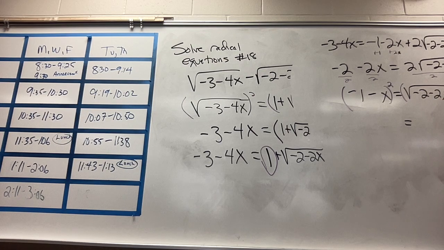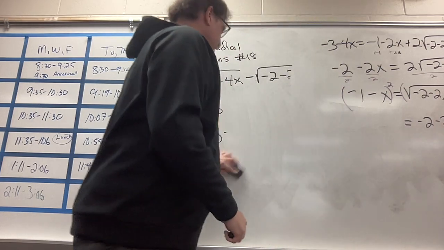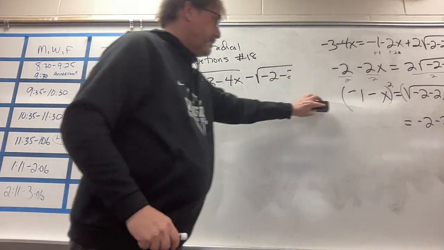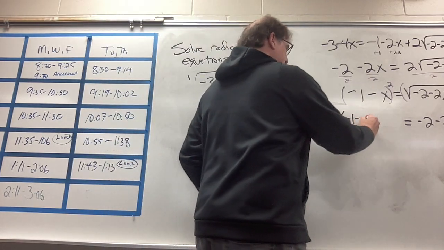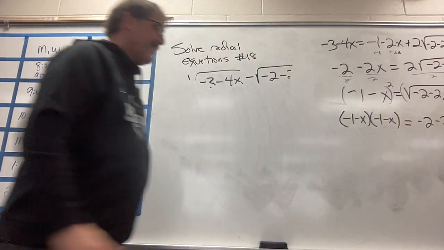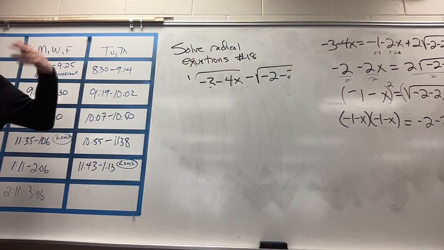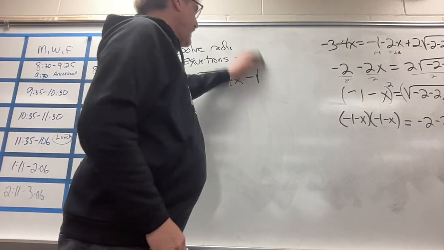This one's easy. That square root and that square counteract each other. This has to be written as, and now I'm going to have to do first, outside, inside, last. Oh my goodness.